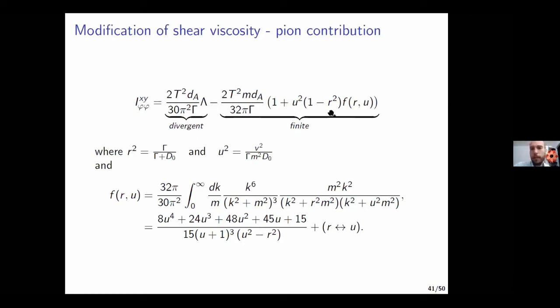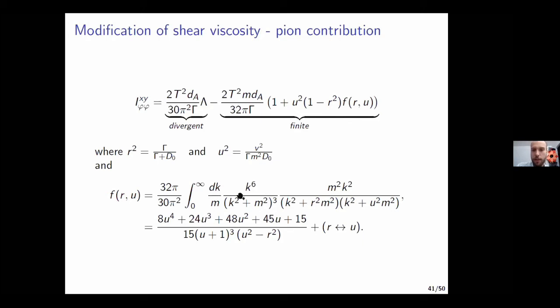And just for compactness, I introduced some other variables. R squared is given by gamma divided by gamma plus D naught, and you have U squared, which is basically the pion velocity. And there's this function f, which is just this integral here.